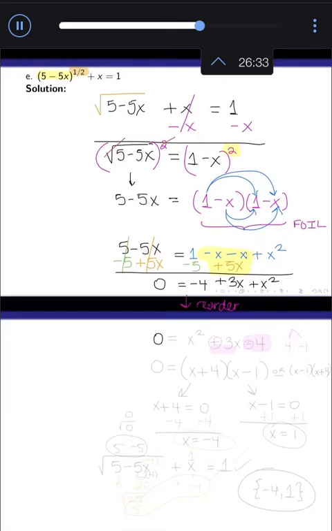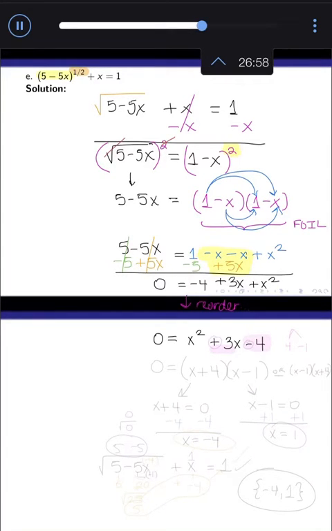So we'll still leave the 0 on the left-hand side, but on the right-hand side we want the x squared first, then the 3x, then I want the negative 4 at the end. Now the hope, because I have a quadratic equation now, is that this thing will factor. If it doesn't factor, then I'm stuck with the quadratic formula.